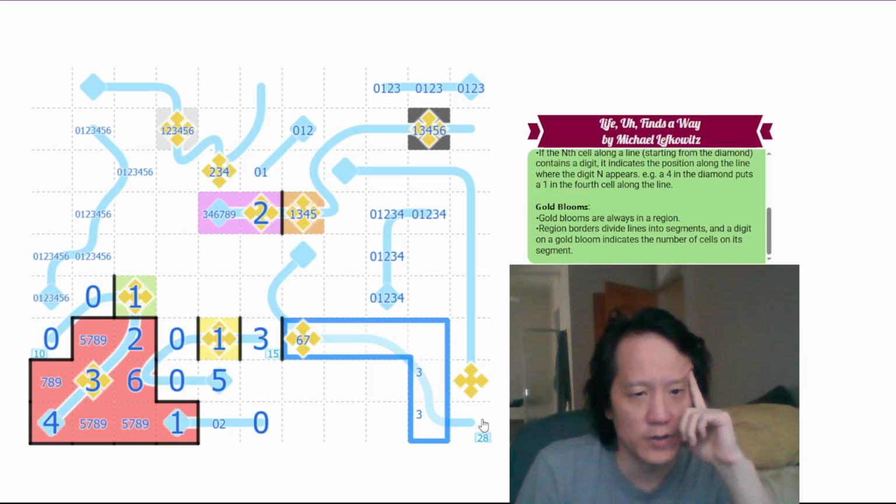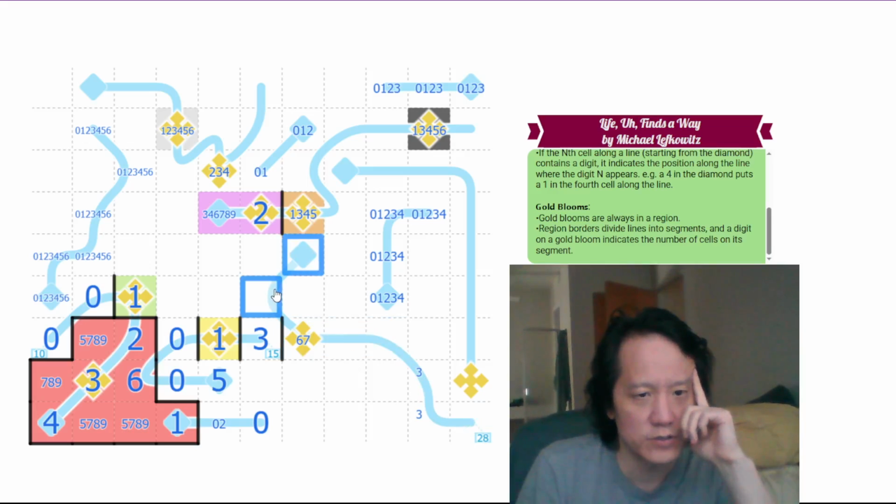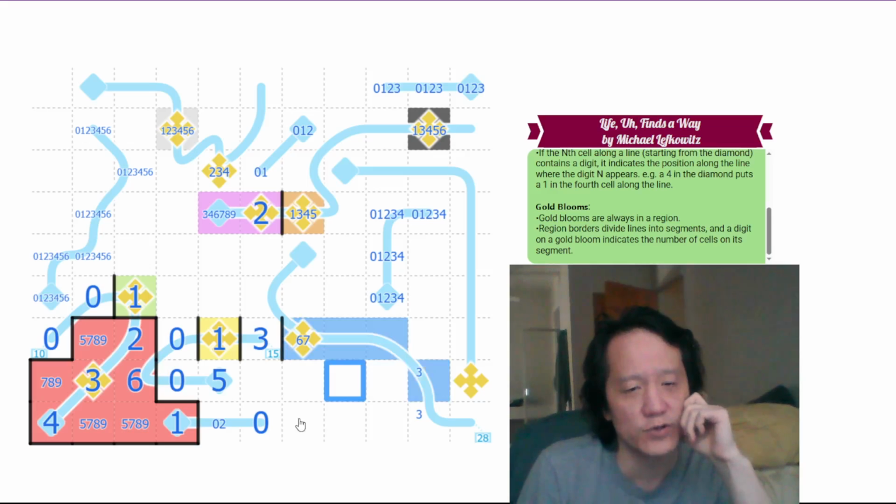Again, it cannot be the full amount here. So this has to be part of... We have, okay, 6 at least. 1, 2, 3, 4, 5, 6. So all of these 4 are part of the same region.